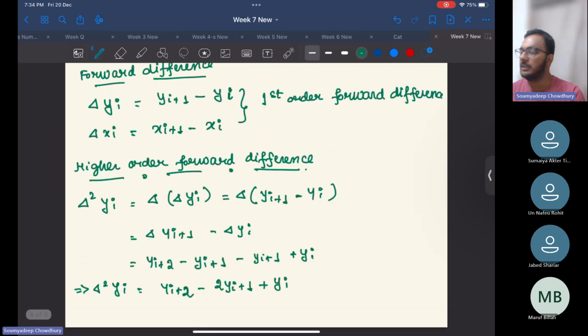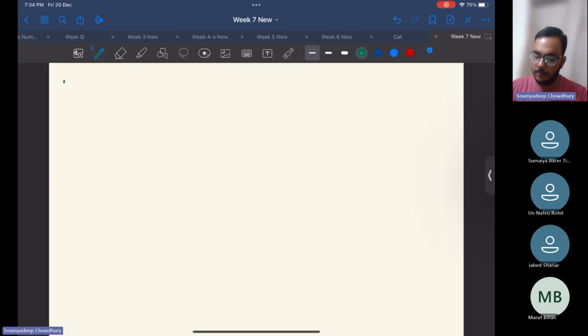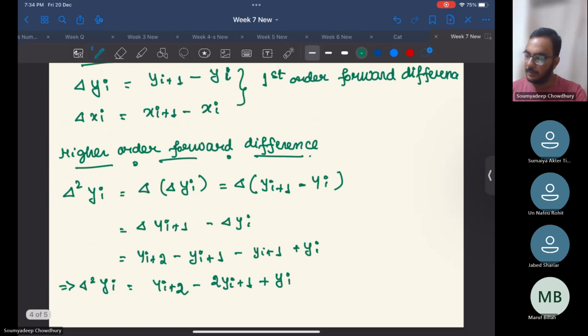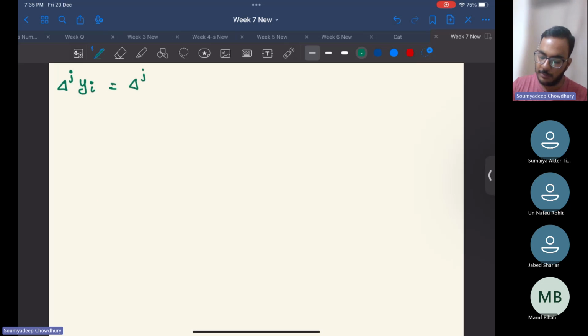Now based on this, we need to form a generalized formula for the nth order forward difference. If you have del j of yi, then as in del square yi, which is del of del yi, that is del yi plus 1 minus del yi, it is del j minus 1 of yi plus 1 minus del j minus 1 of yi.